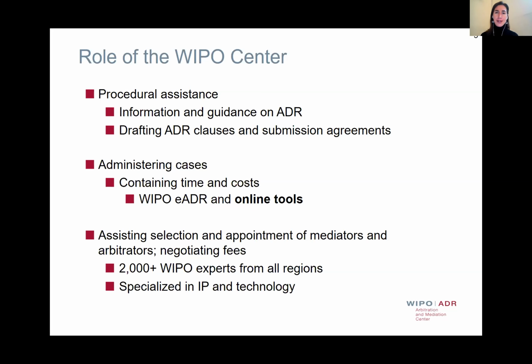And these experts are not just experts in IP, so in patents or trademarks or design, but sometimes we also have experts with expertise in a specific business area. So for example, it can be telecommunications or fintech or film and media, because sometimes the understanding of the business is really important.